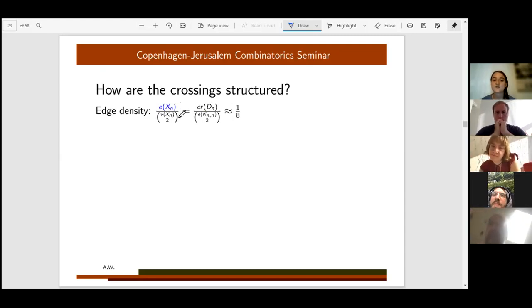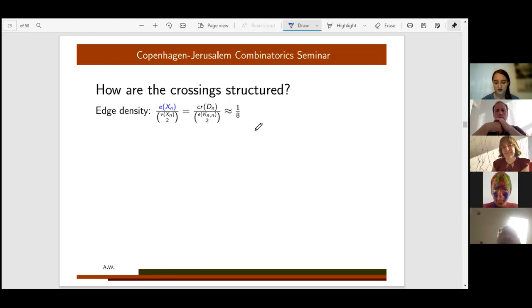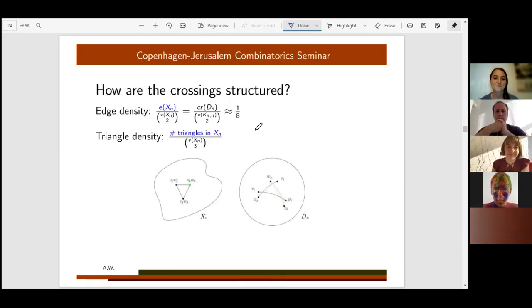And the vertices of the intersection graph are just the edges of the complete bipartite graph. And as we said at the beginning, these antipodal geodesic drawings all have the same number of crossings. It was roughly 1/16 n to the 4. And if we divide it by this number, and because we have this 2 here, this gives us roughly 1/8. Okay, so we know this value.